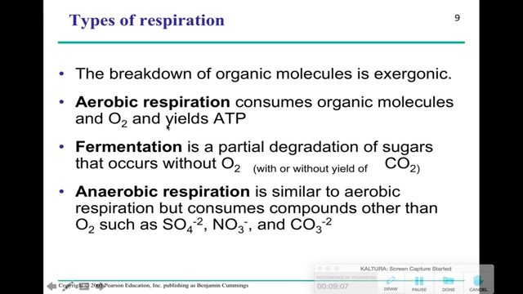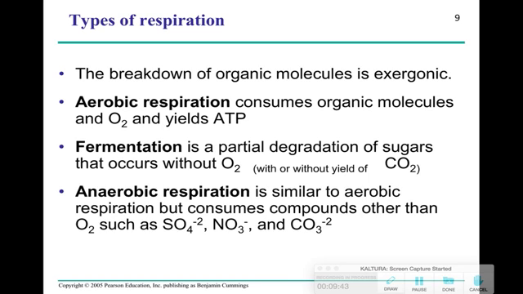Whereas when sugars are degraded partially, not completely, and this process can occur without oxygen, then it is called fermentation. Yes, wine is a product of fermentation. Many cheeses are made by fermentation. The dough of our bread rises and becomes fluffy because of fermentation.